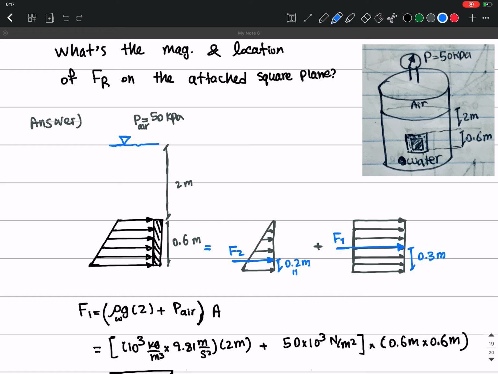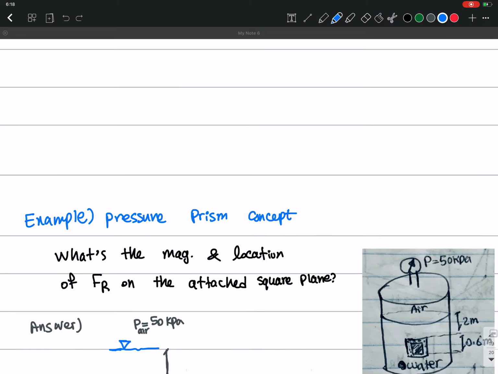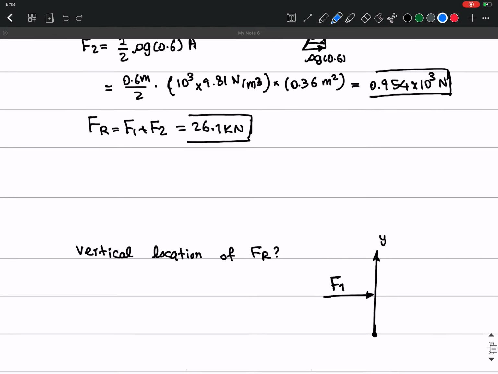So for this type of triangles, which have this 90-degree angle, their force acts at B over 3, if this is B. Okay, so we know this from previous lectures.